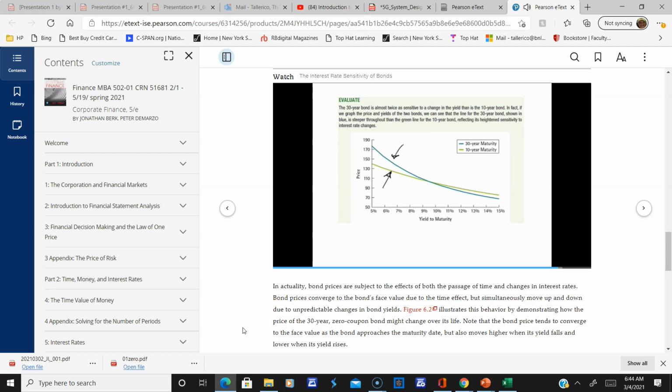That's because the change in the interest rate is going to compound out over the life of the bond. So that 1% change in the interest rate from 5 to 6% gets compounded over 30 years for the 30-year bond and has a much bigger effect on its price than it does on the 10-year bond.